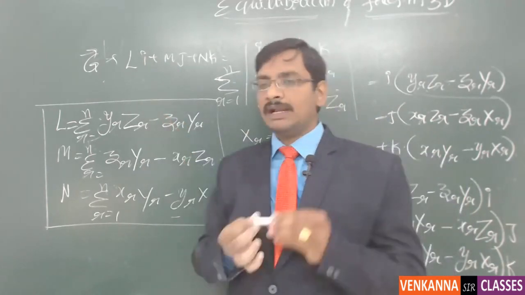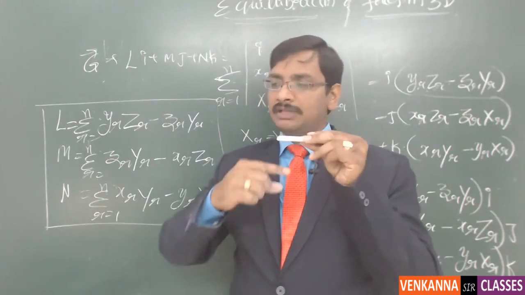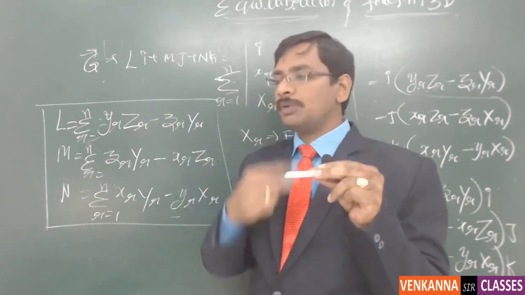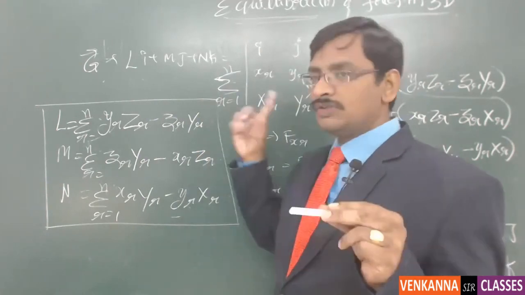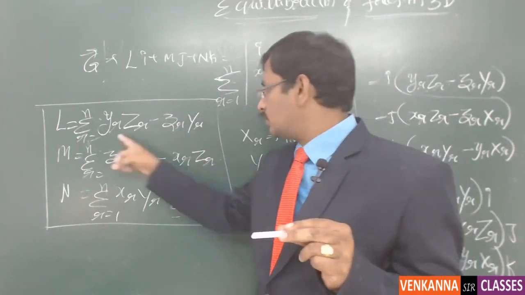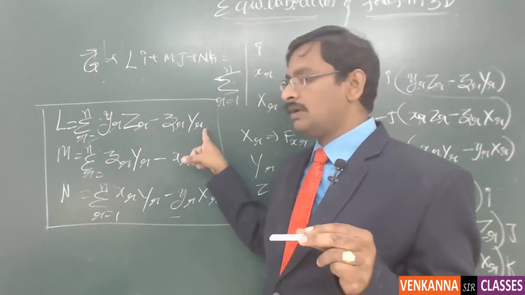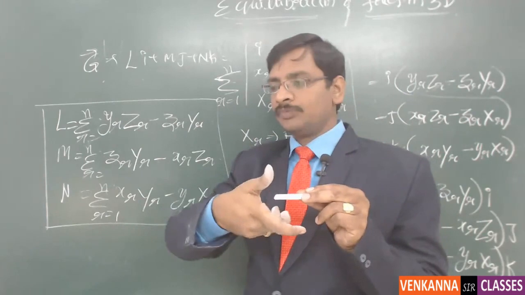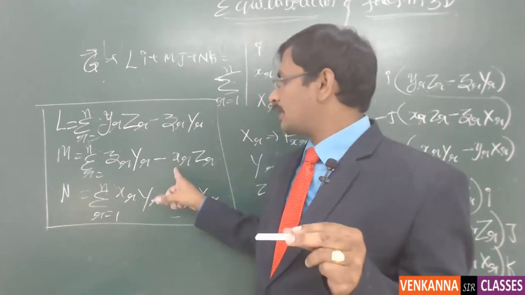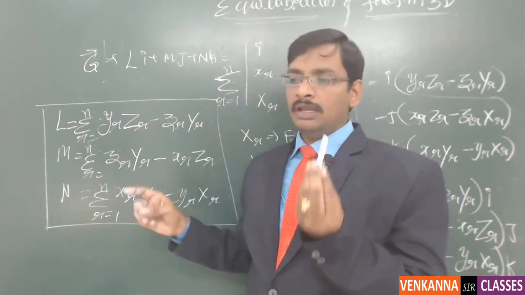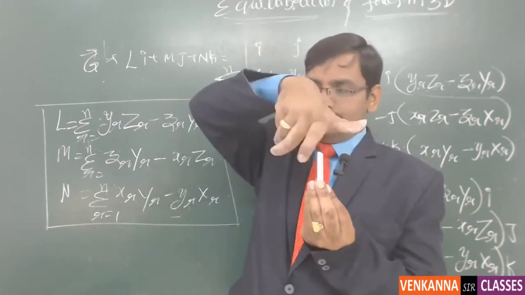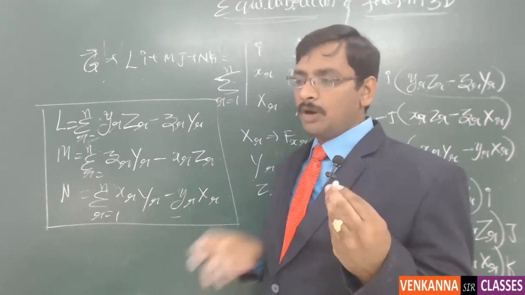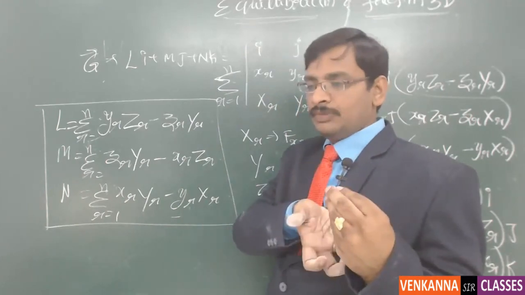That means, let us say this is the x-axis, and the body tries to rotate in this manner because of the force components of all the forces together, which result in a part equivalent to yr into zr minus zr into yr. This part will try to rotate the body about the x-axis like this. This part will try to rotate the body about the y-axis like this. And this part will try to rotate the body about the z-axis like this.